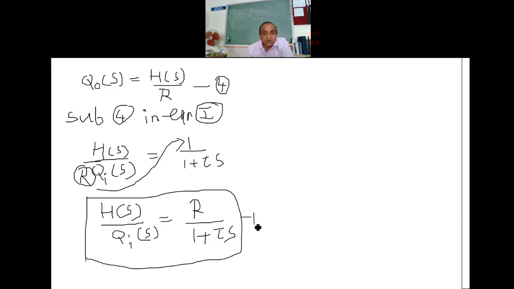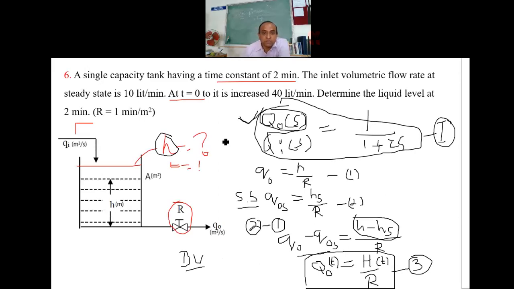Let us call it equation number 2, Roman number 2. I'll go back to the previous slide. Please look, this was my previous derivation for transfer function. I modified it for Q naught because your transfer function is not having any H term.